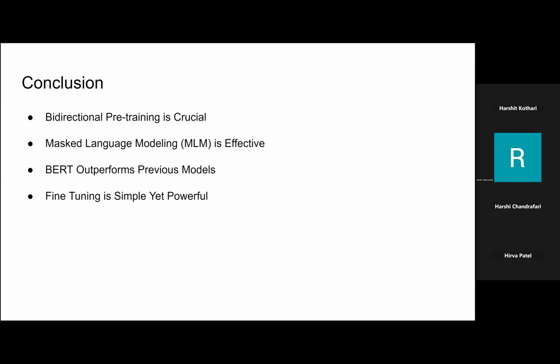So until the BERT paper was released, it surpassed all the models before that. It significantly surpassed OpenAI's GPT, which was very dominant before that.